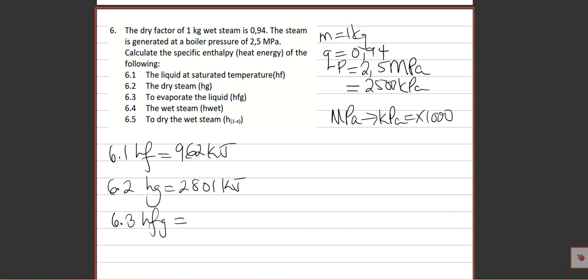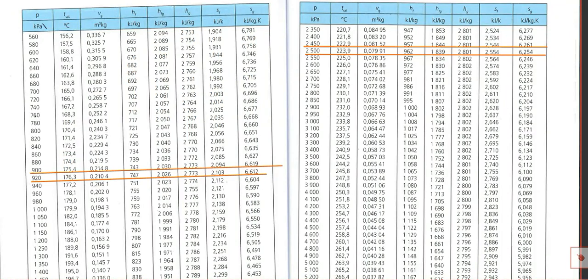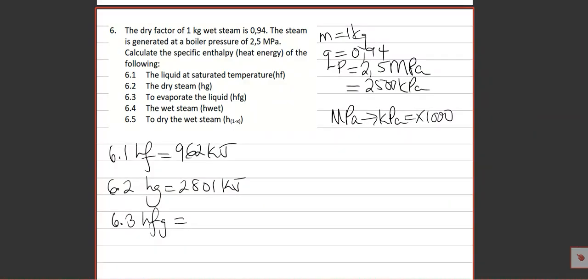You refer to your steam table. Our HFG is around here, this value you have is 1839 kilojoules.